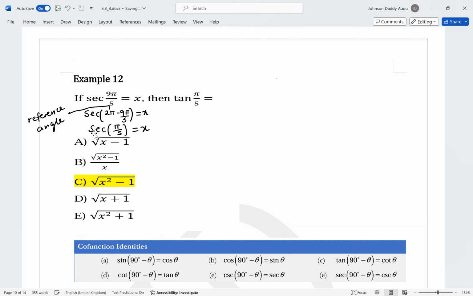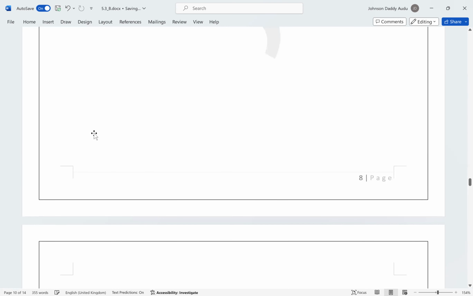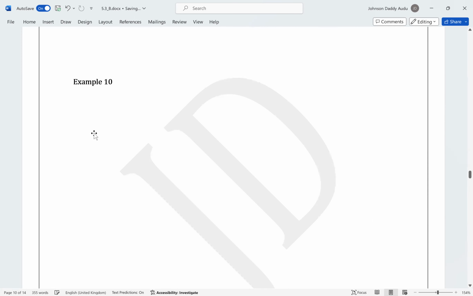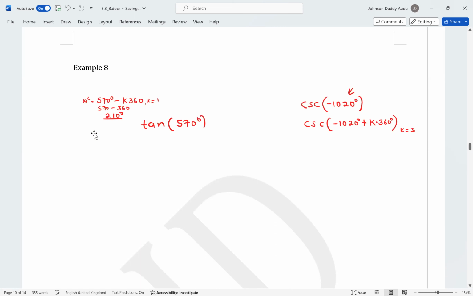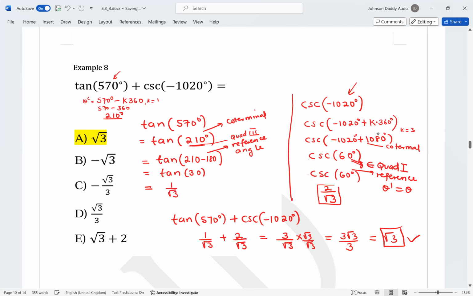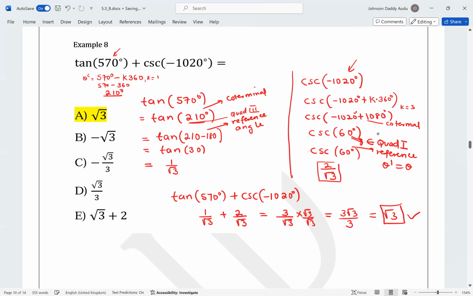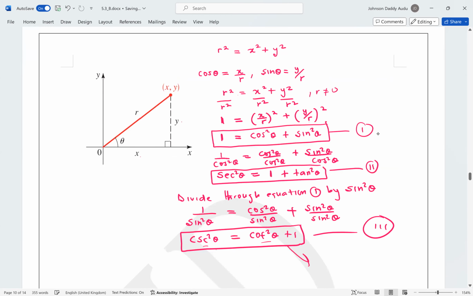If you go back to these identities, that is the Pythagorean identities, you will see that we also have sec squared theta is 1 plus tan squared theta. So we can use that, right?